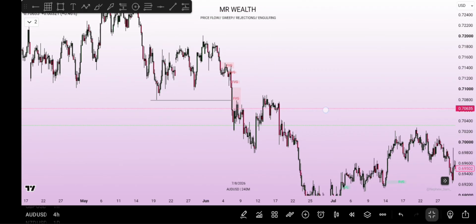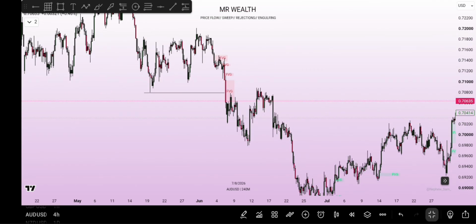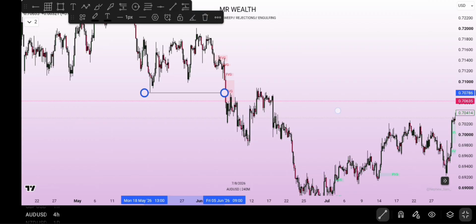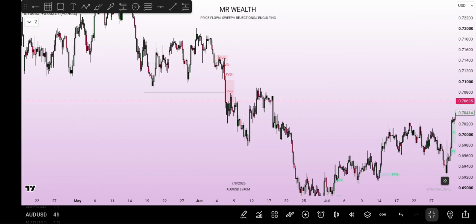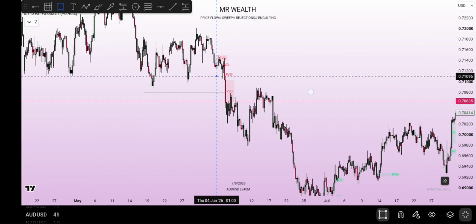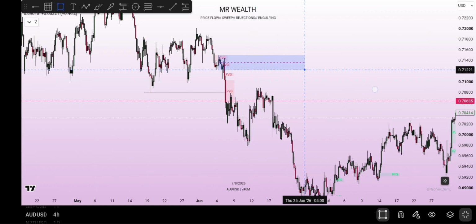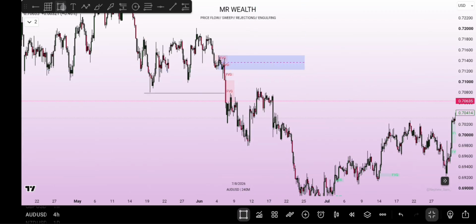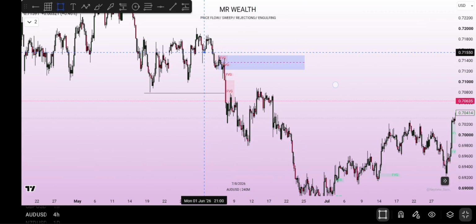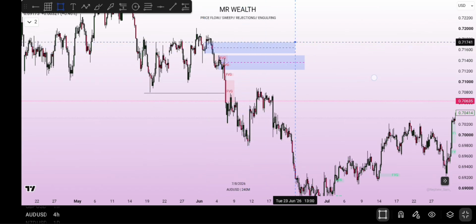After that break, we're expecting price to come to any supply zone. This one here down to here, price will get there. So you're just going to mark all the zones, the possible zones price can come to.